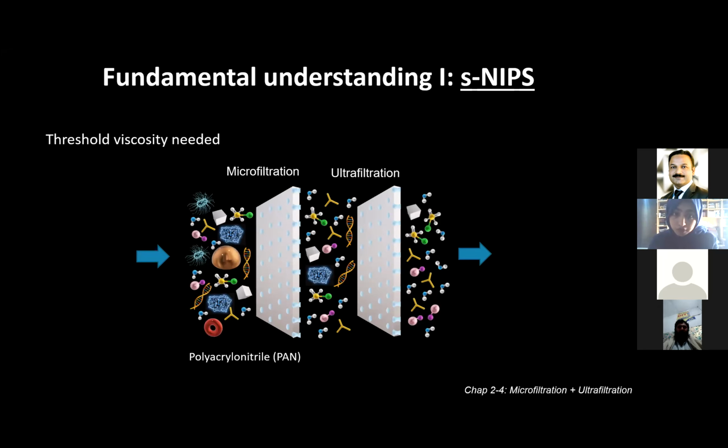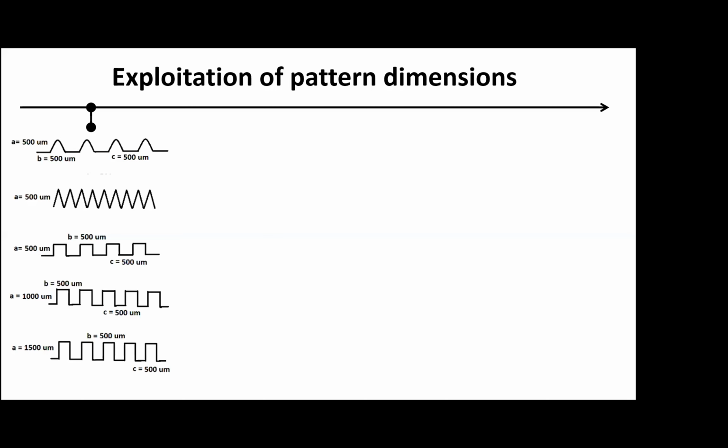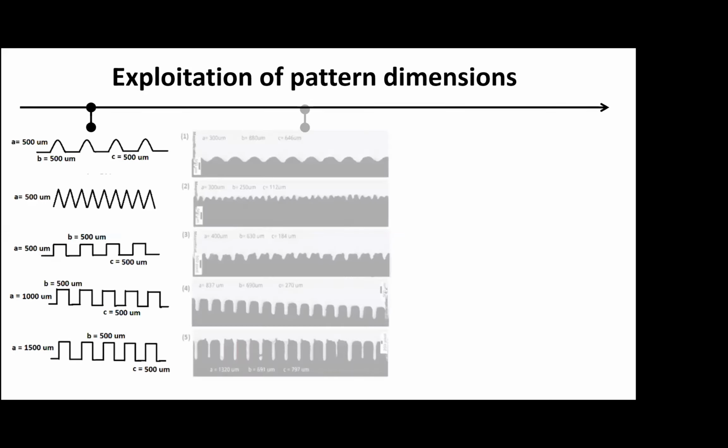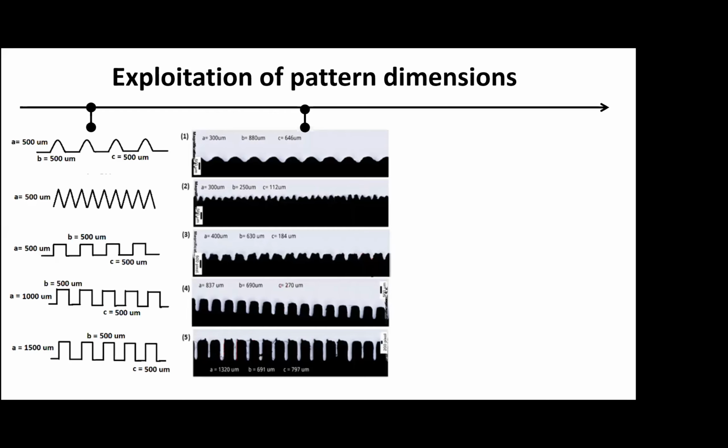Initially, the conceptual designs of different pattern shapes and dimensions could be easily transferred to 3D printing these knives, and then used to prepare PAN-based membranes.